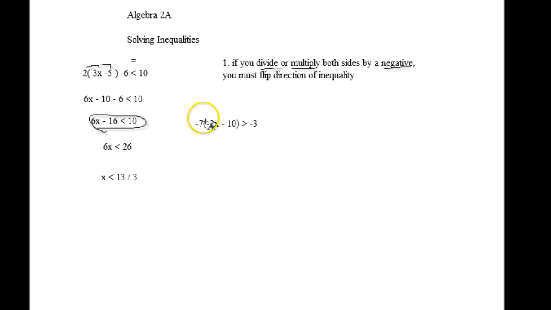You can distribute the negative 7. That's totally fine if you want to do that. Or you can divide by this number out in front. I'm just going to show you the division way first. Well, technically you could divide, but I can't divide negative 7 into 3, so I'm not even going to try. So you can divide by the negative 7. I'm just going to distribute.